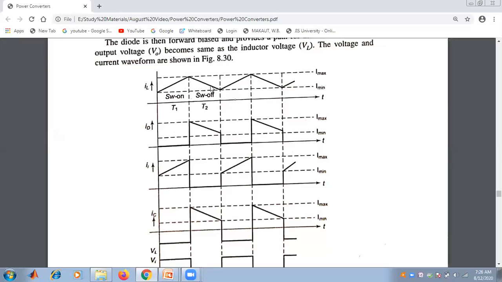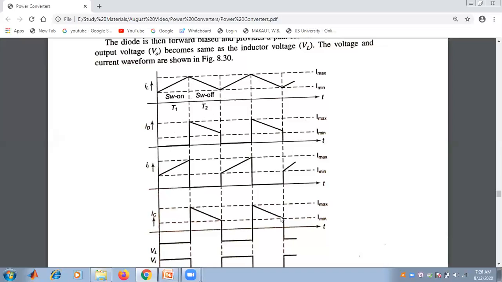The same current flows through the diode when the switch is off. See the nature: when the switch is off, the same current flows through the diode and also through the capacitor.